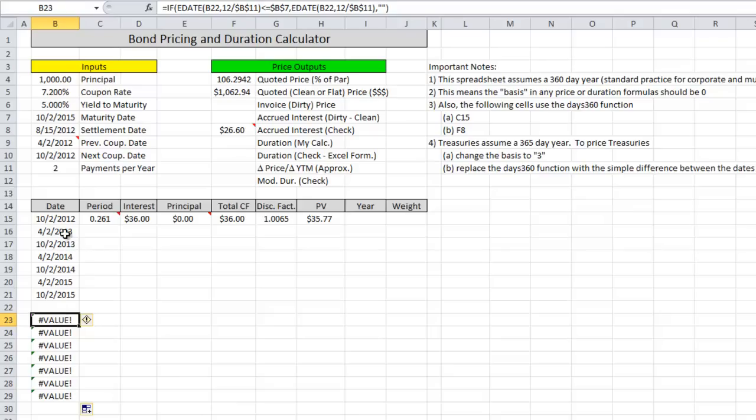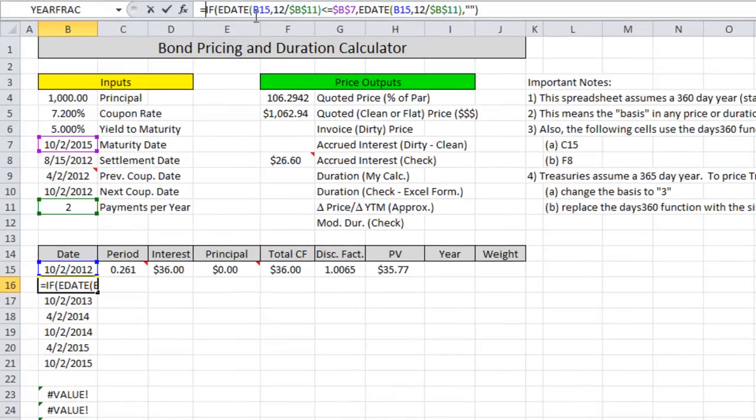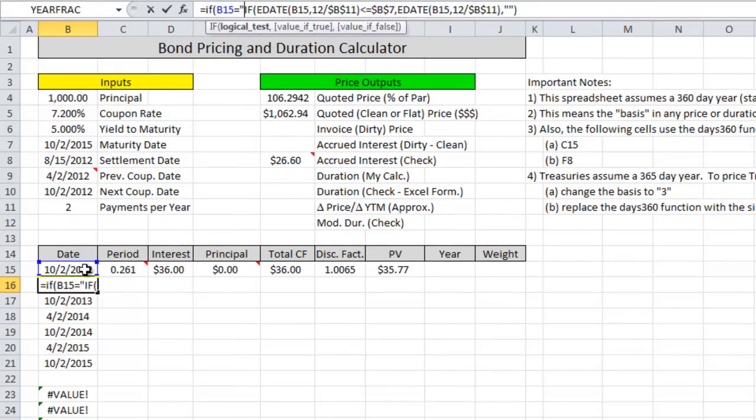So we need to come back in and nest this in another if-then statement. What we're going to do is say this. We're going to say if the previous cell equals nothing, then obviously we don't want anything in this next cell. If, however, there is content in the previous date cell, go ahead and do the original if-then statement that we created.